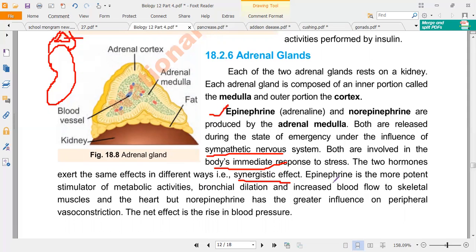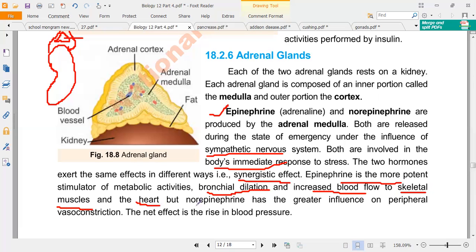Epinephrine is more potent and a stimulator of metabolic activities. It increases bronchiole dilation, blood flow, respiration, blood flow to the skeletal muscles to run away from the situation, and increased heartbeat as well.